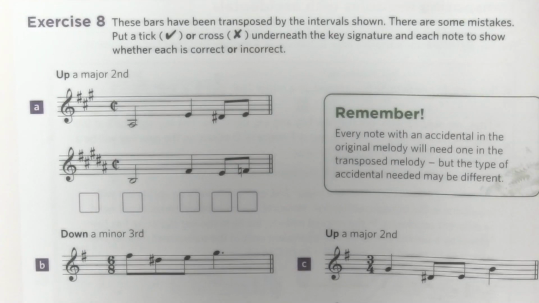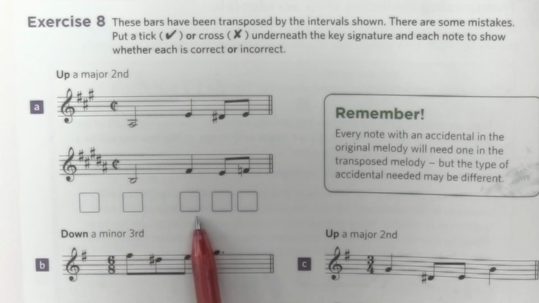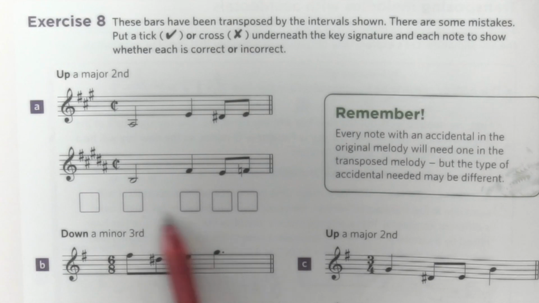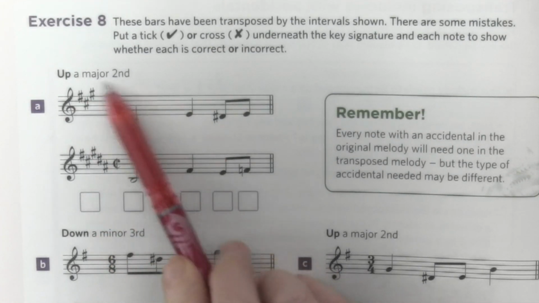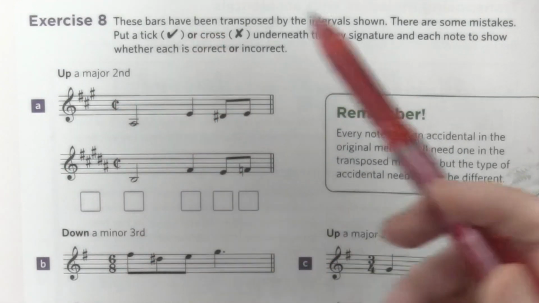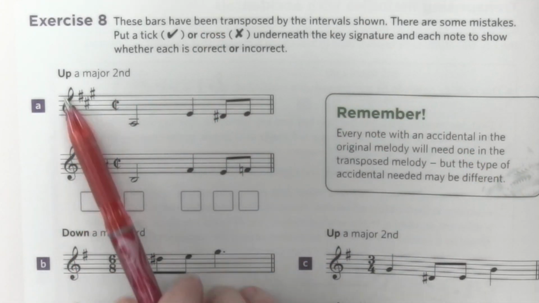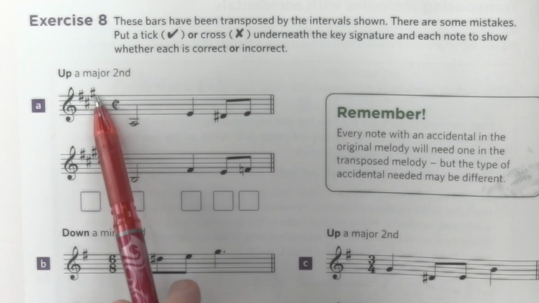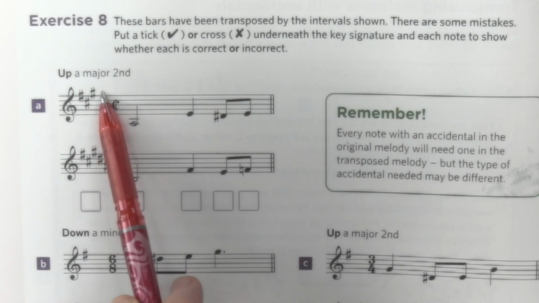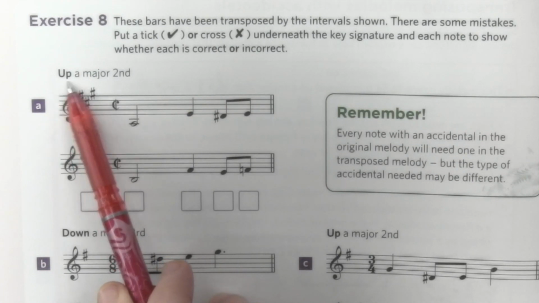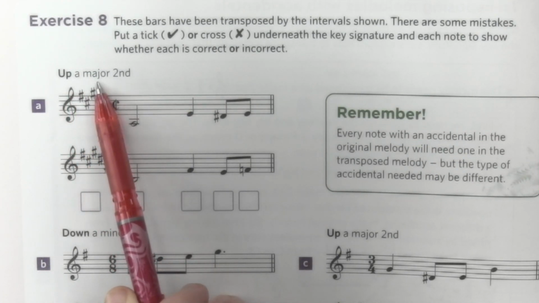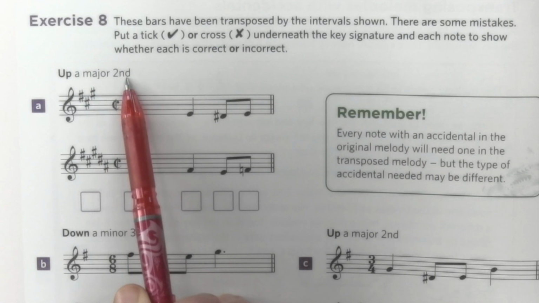Exercise 8. Again, we need to be the teacher of our imaginary student that has transposed the melody by the given interval, but we don't know if everything is correct or not. So let's see. This is in A major, so sharp, plus a semitone A, so A major, and they want us to raise it up by a major second.